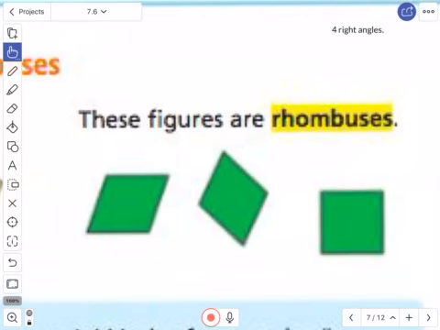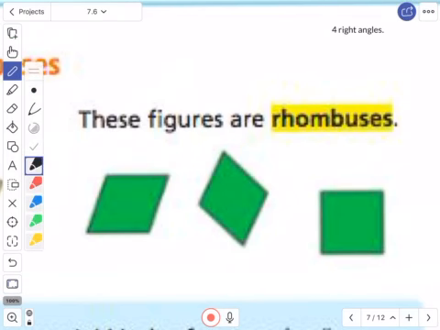I always think of rhombuses as kind of like a square that got tilted a little bit, like somebody was pushing it over from the top. So a rhombus has 4 equal sides but does not have right angles. A rhombus is basically related to a square because all of the sides are equal, but it doesn't have those right angles.